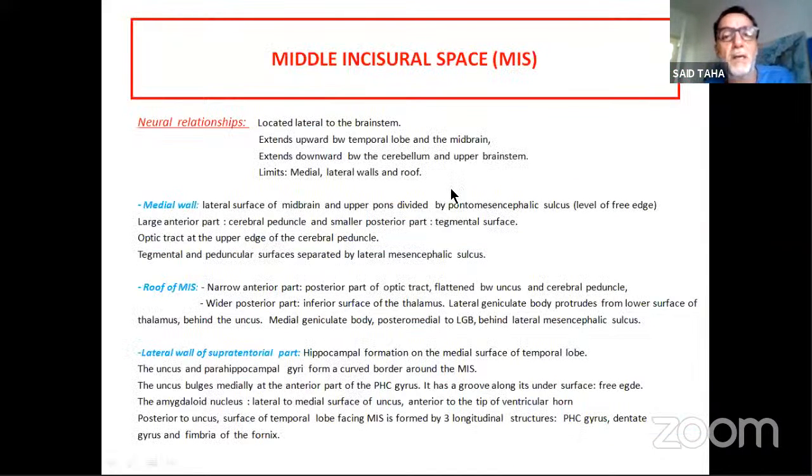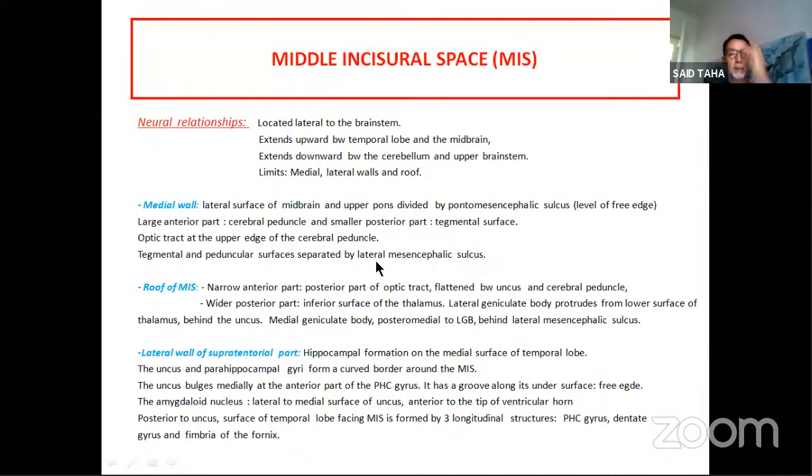The middle incisural space is located lateral to the brainstem, extending upward between the temporal lobe and the midbrain, and downward between the cerebellum and the upper brainstem. It has medial and lateral walls and a roof.